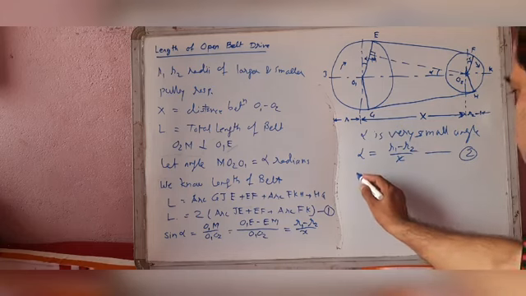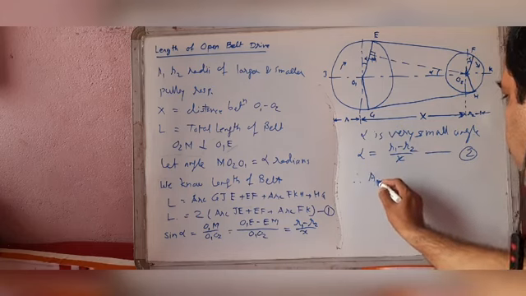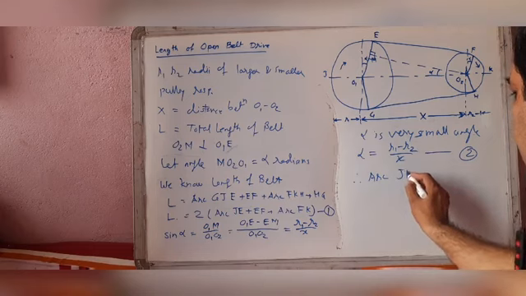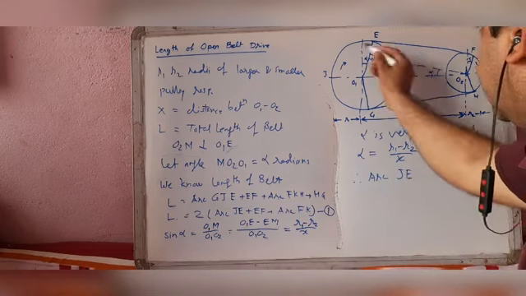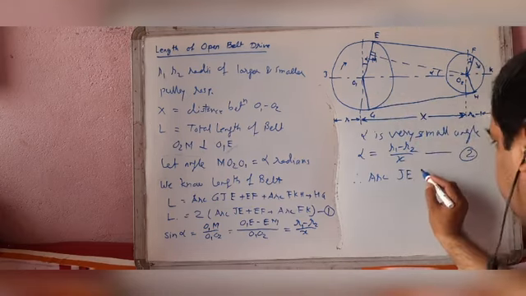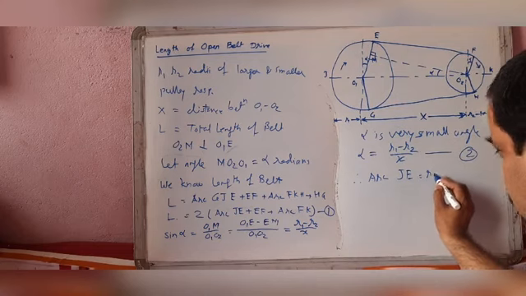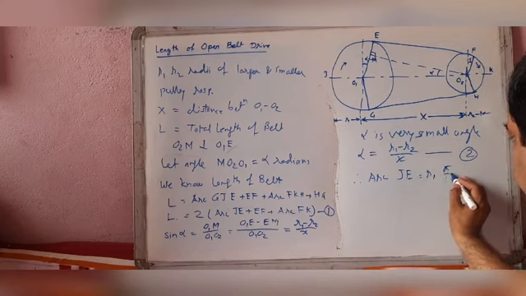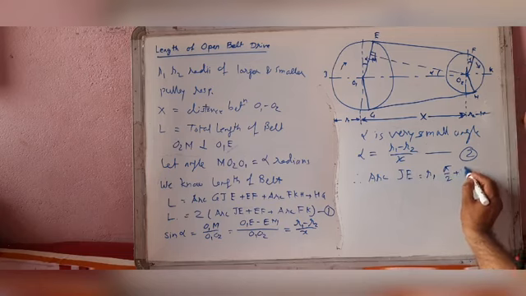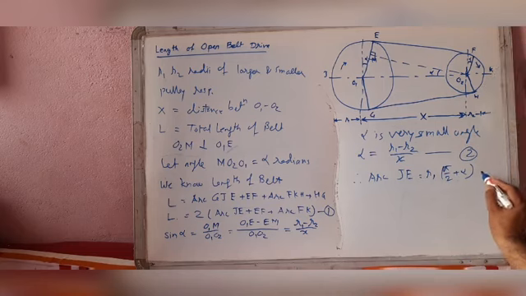Now arc JE equals R1 times pi by 2 plus alpha. Here alpha is in radians. This is equation 3.